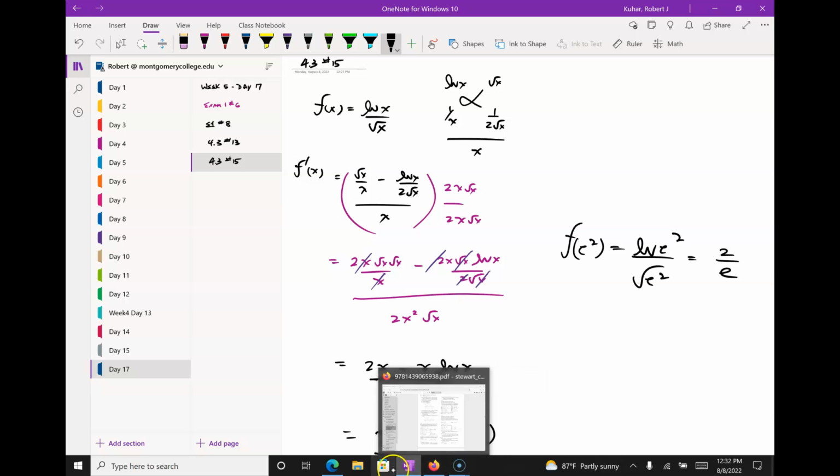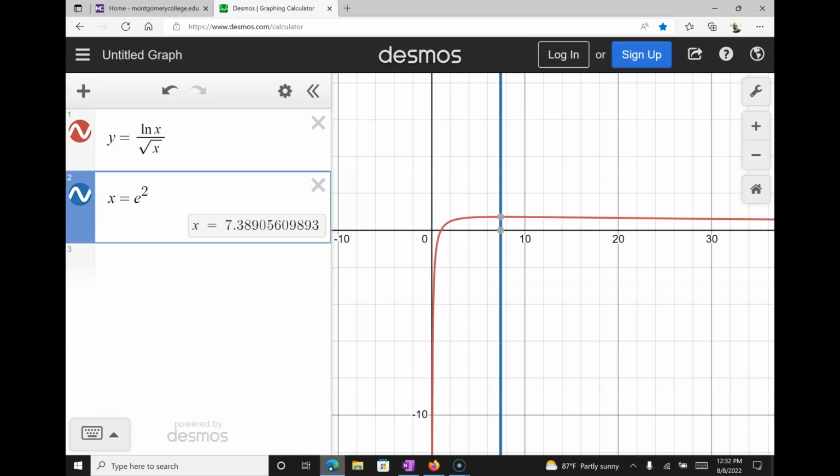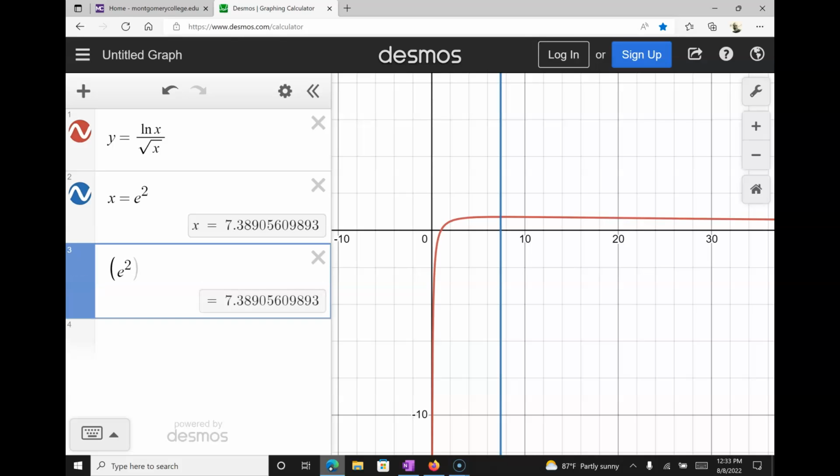So we should be able to see that point at e squared comma 2 over e. There it is. Hard to see, but again, you're using each part of it to figure everything out. Use the graph to figure out the calculus, use calculus to figure out the graph.